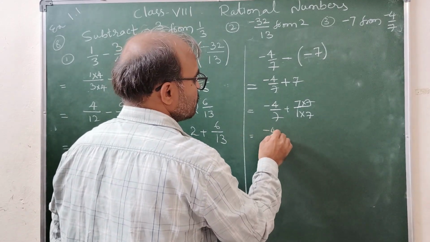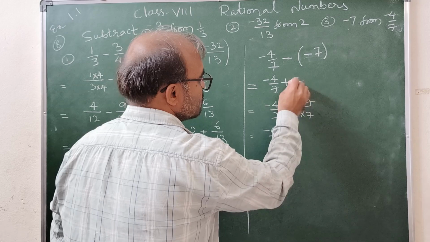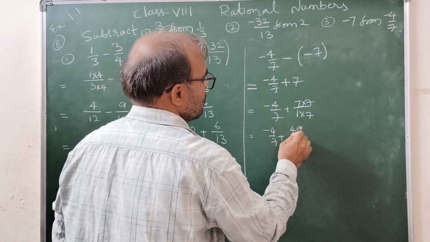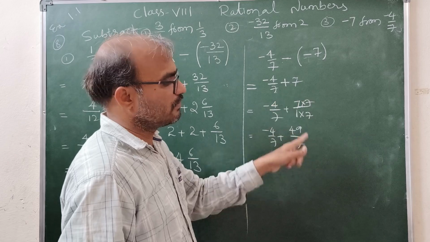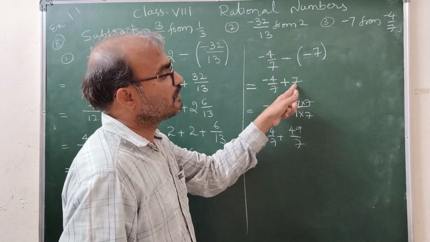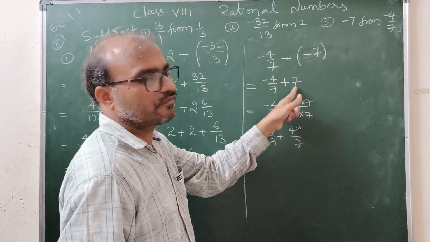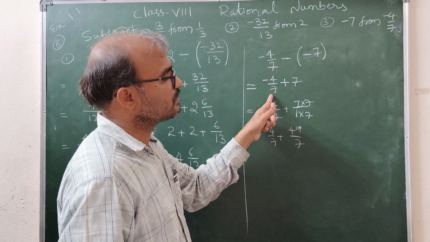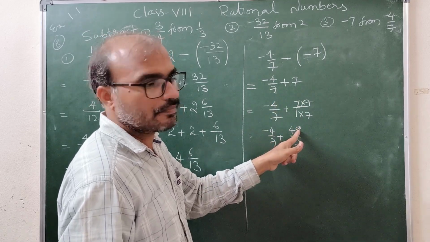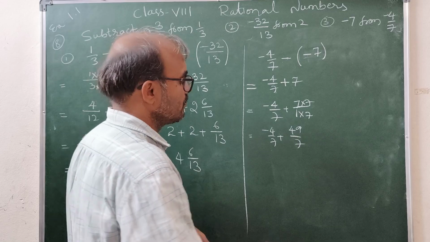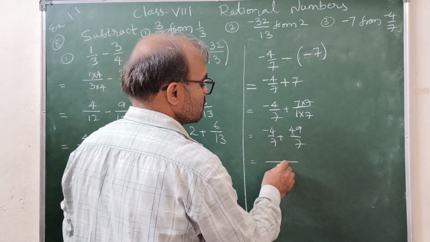So this is minus 4 by 7 plus 7 sevens, 49 by 7. If you make one whole 7 parts, in 7 wholes there will be 49 parts. So now the denominator is 7.